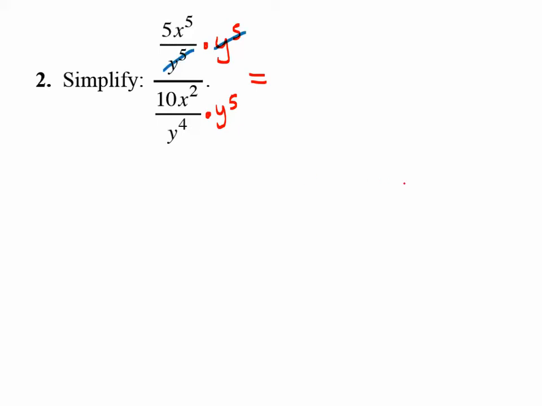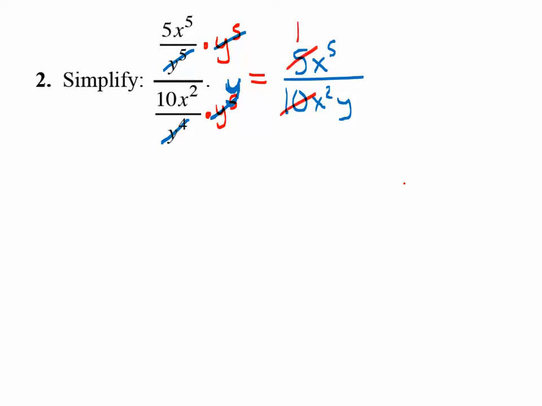Y to the 5th cancels. How about y to the, ooh, this one's going to have an extra y on the bottom, right? Everybody okay with that one? So now on top, I'm left with a 5x to the 5th. On the bottom, I'm left with a 10x squared y. Ooh, got some more reducing here. What should I reduce? 5 and the 10.